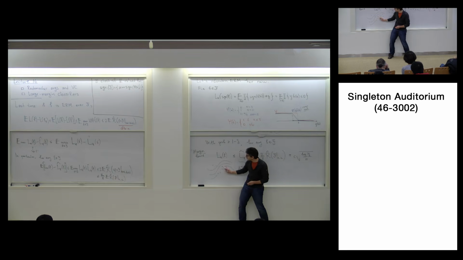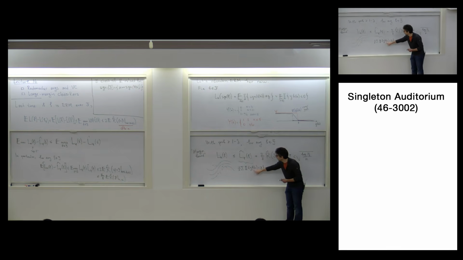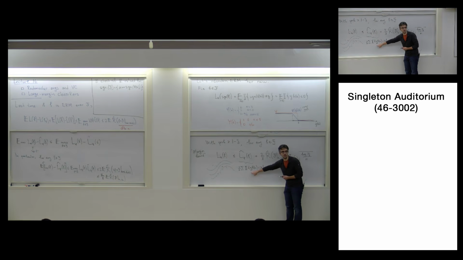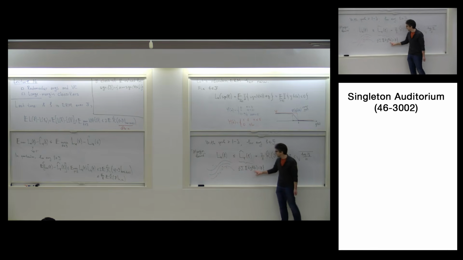Being inside of this gamma region means that f is not confident enough about predicting this y. In other words, f on that data point is less than gamma. It might be on the correct side, but it's not confident enough in its real valued prediction. Does that make sense?